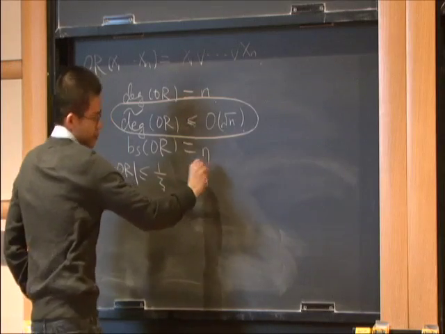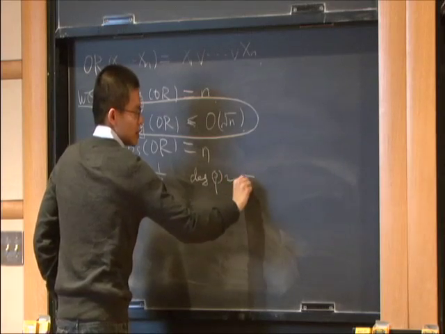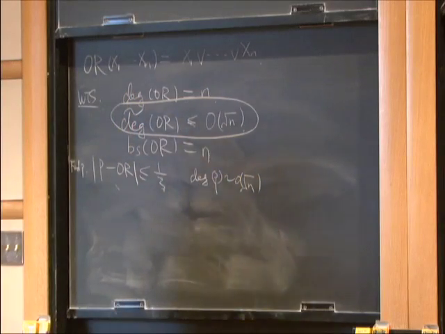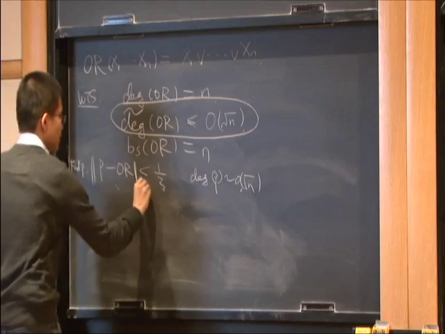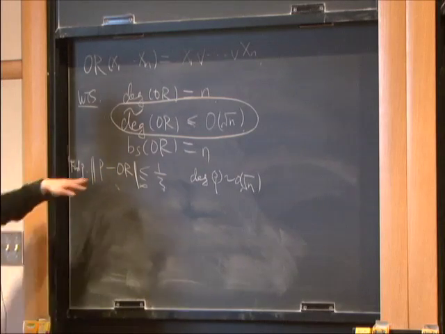We want to guarantee that the degree of p is bounded by a constant times root n. Sorry, L infinity. So it's pointwise less than or equal to 1/3 on the hypercube.